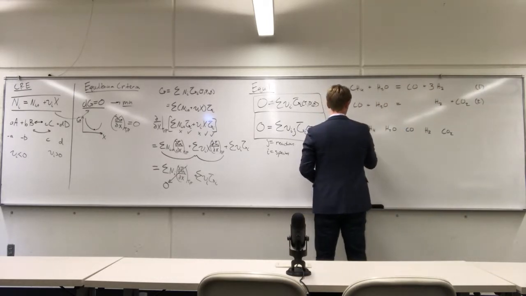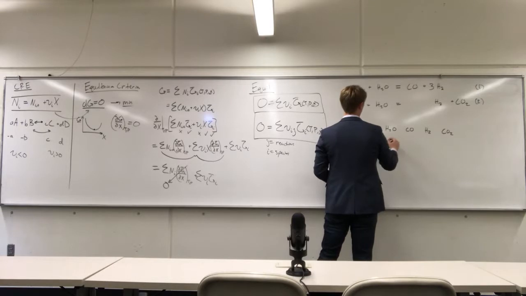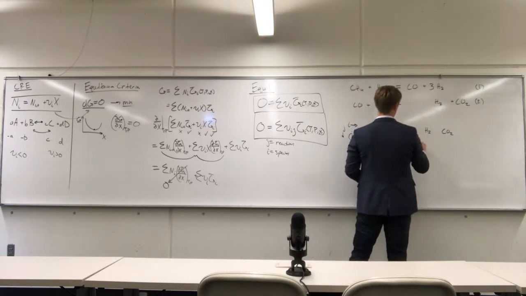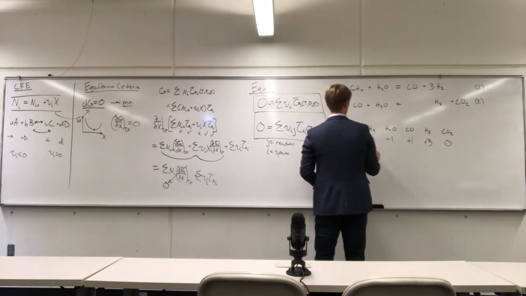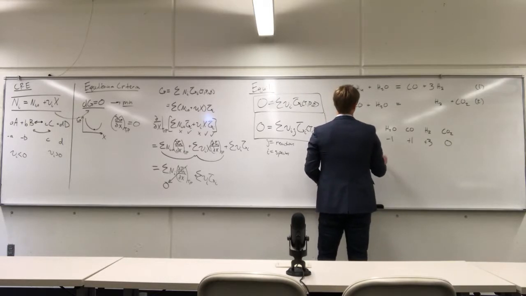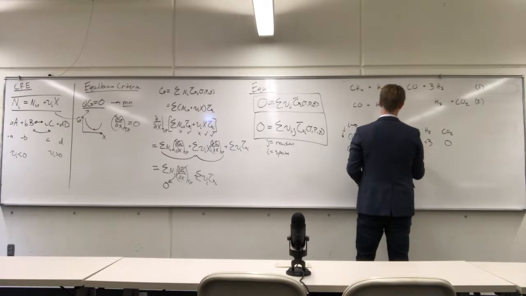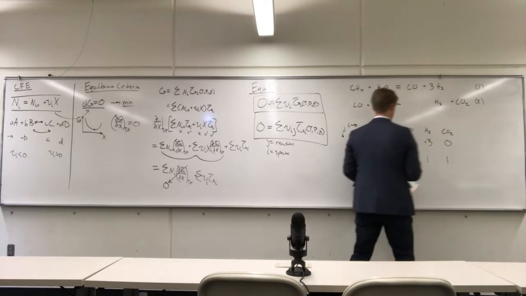And so in reactions 1 and 2, we can write out our stoichiometric coefficients. So for methane, it's -1. For water, it's -1. For carbon monoxide, it's +1. For hydrogen, it's +3. For CO2, there is no CO2 there. For reaction 2, no methane, water is -1, carbon monoxide is -1, hydrogen is 1, CO2 is 1.